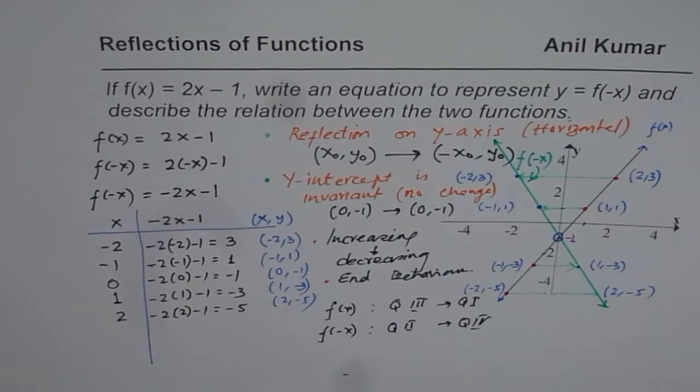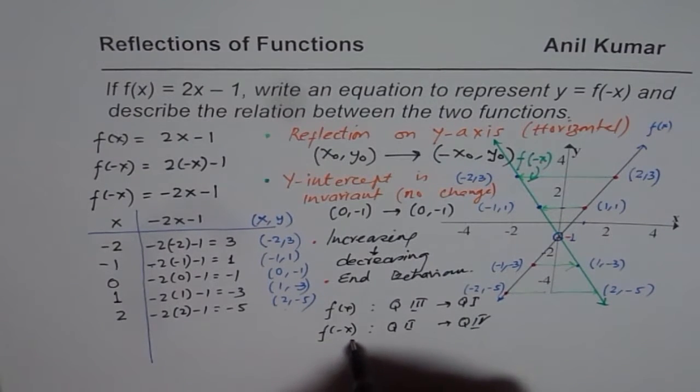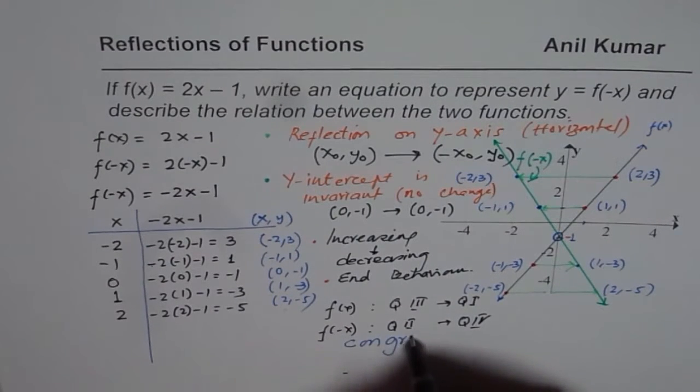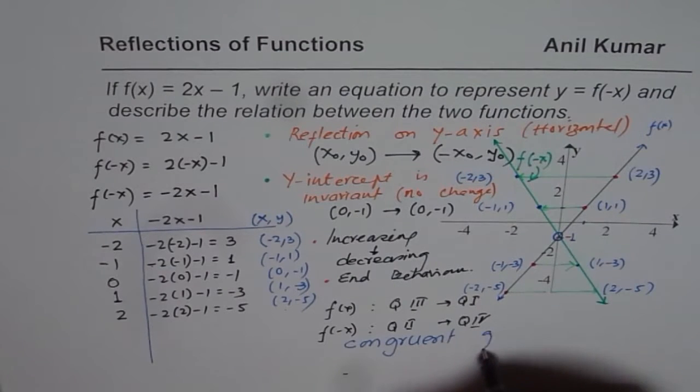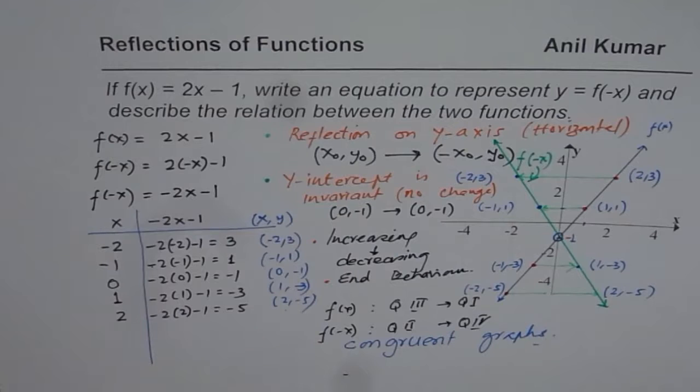So these are two mirror images, and the axis of symmetry here is the y-axis. Since the y-axis is the axis of symmetry, both graphs will be congruent. So we will always produce congruent graphs. These are a few changes which you will see when comparing functions f of x and f of minus x.